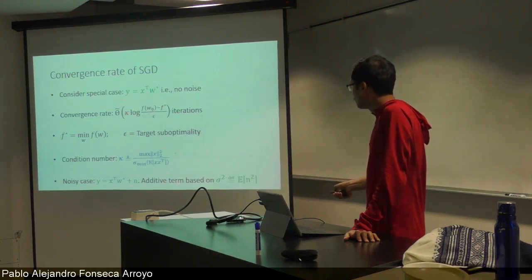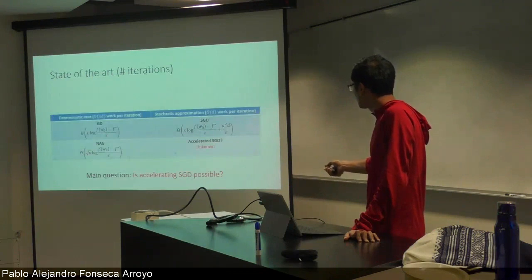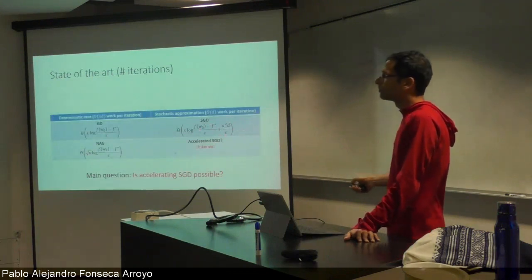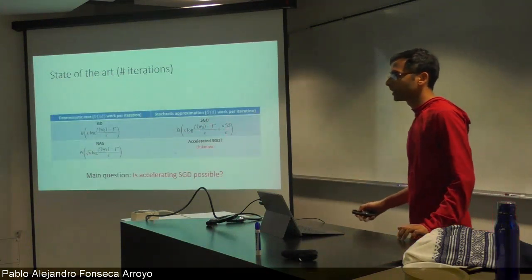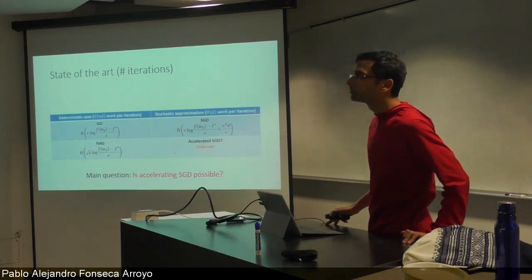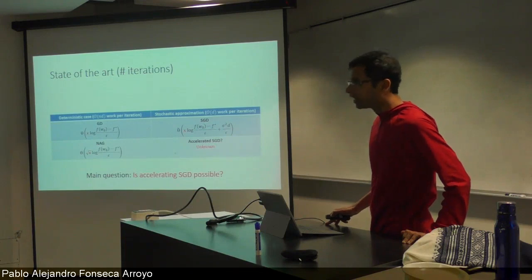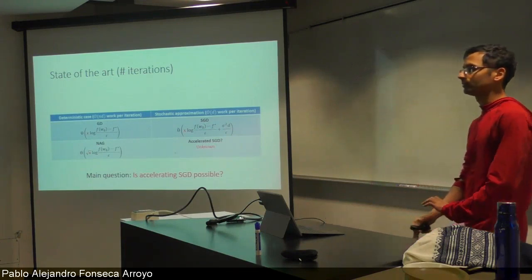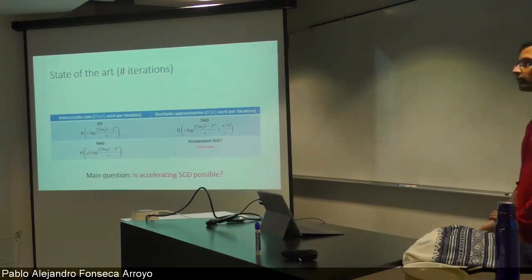In the noisy case, you do have this additive term. So here you're making the distinction between the empirical loss and the actual expected loss. If it was the empirical loss, you can accelerate. Yeah, that's right. Very different question.